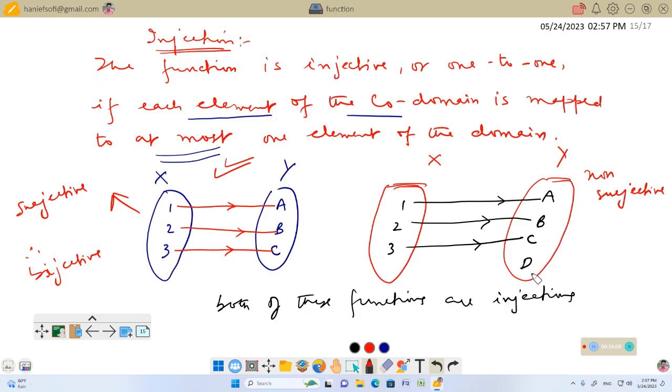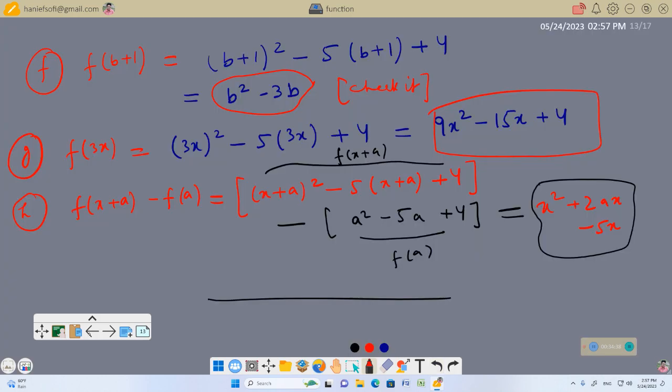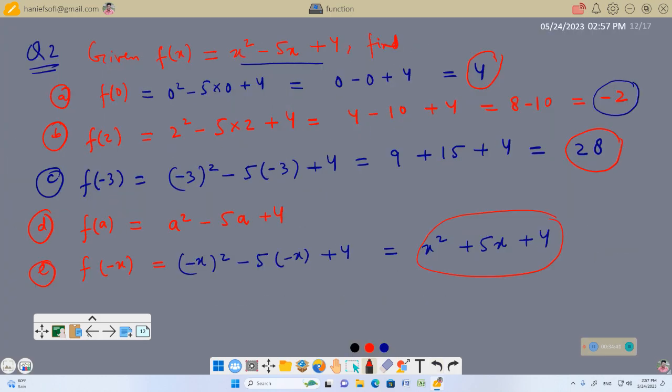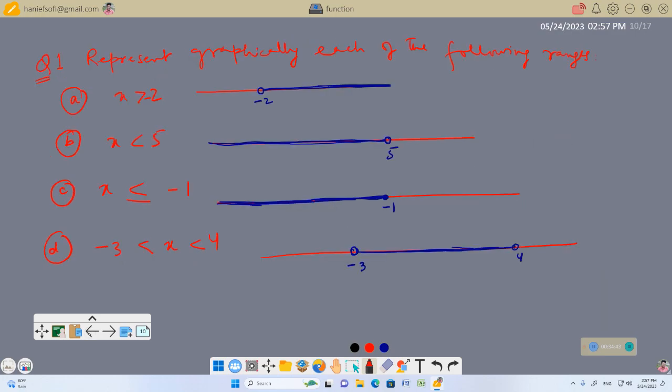In this, we have a member D which is not connected, so it is non-surjective. So this function is injective, it is non-surjective, therefore it is non-bijective. It is not a bijection, right? Let us move to the first general situation which we define.